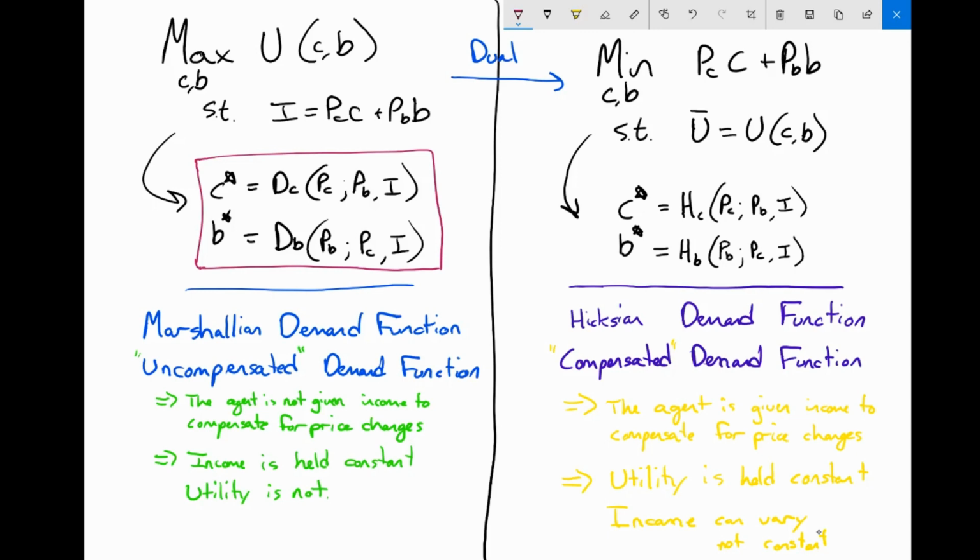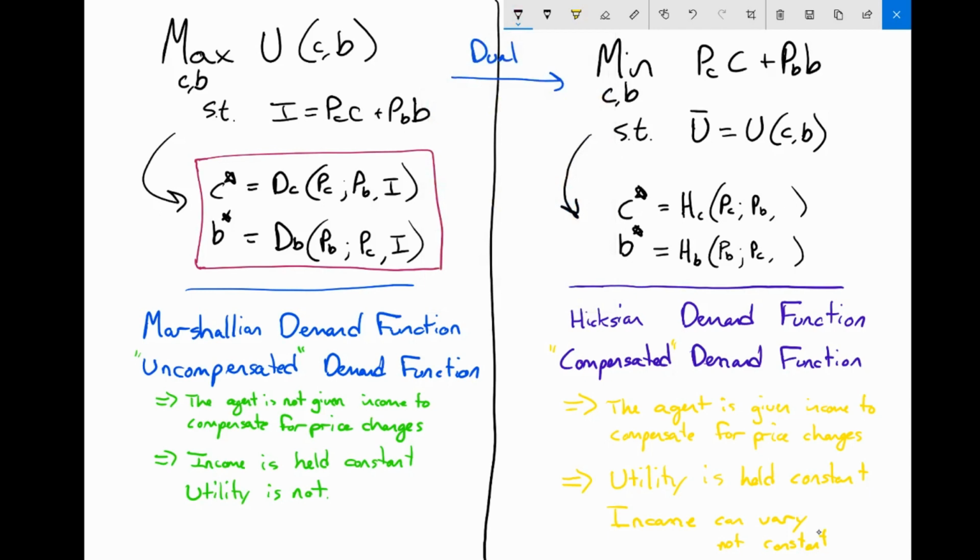So we'll focus on these in a sense. But uncompensated demand functions are demand functions that take prices as inputs and communicate the quantity demanded as a function of the price. And it holds income as constant. Oh, actually, I made a mistake.